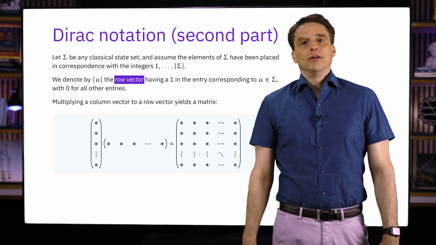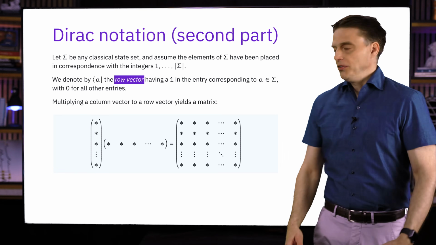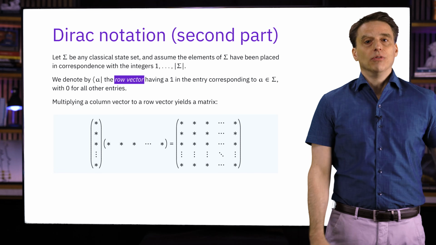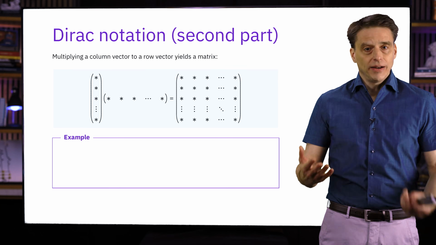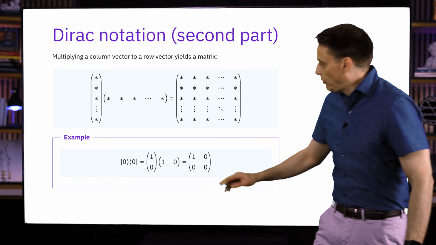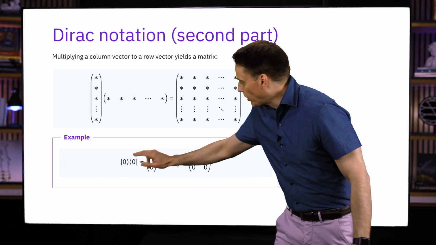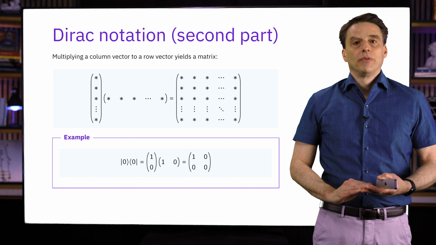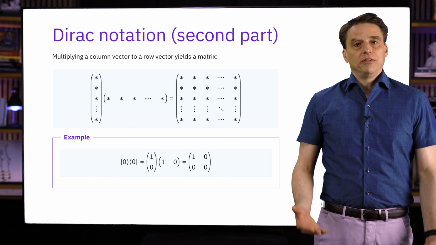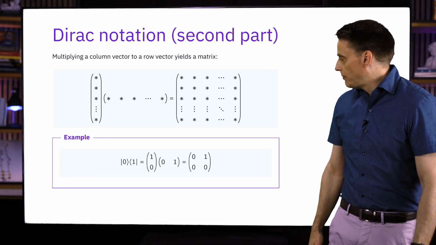Multiplying a column vector to a row vector, on the other hand, gives us a matrix, as you can see right here. So, for example, going back yet again to the binary alphabet, if we multiply ket 0 to bra 0, what we get is this matrix right here. And we can go through the other possibilities to see what happens.